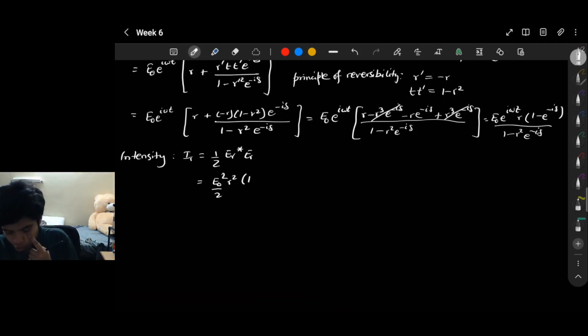E to the power i omega t, and E star would be e to the power minus i omega t, so that term will cancel out. First let me write E and then E star. So this is E times E star.